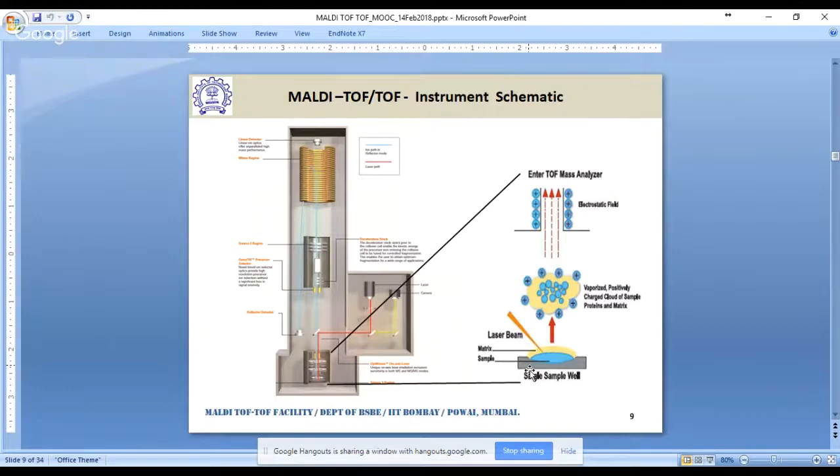Once this is done, we can select for the size of the ions which have to enter into the top tube. As these ions move into the vacuum tube, they get separated on the basis of their mass-to-charge ratios. The smaller ions move faster in this vacuum tube, and the heavier or bigger ions move slowly.